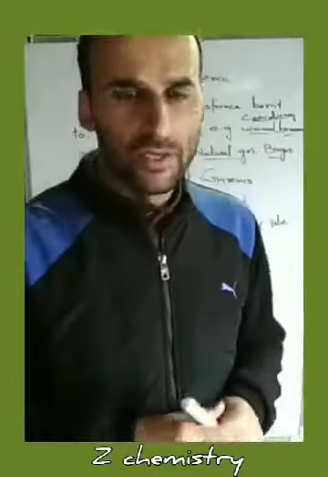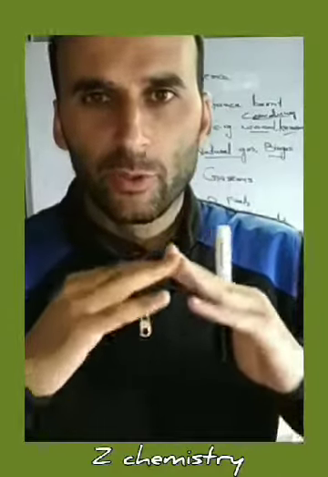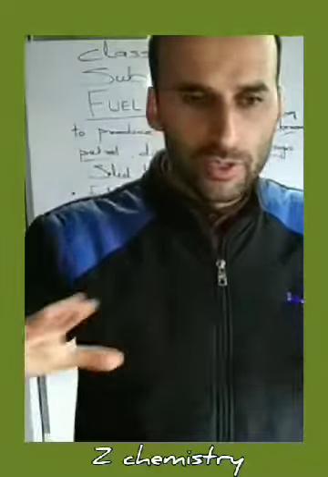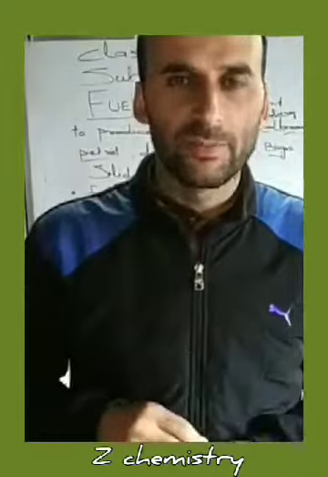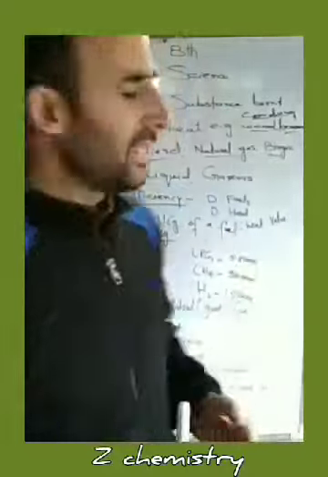Different fuels produce different amounts of heat, and depending on the extent of heat produced, these fuels are classified on the basis of their heat production. This particular property is called the efficiency of the fuel.